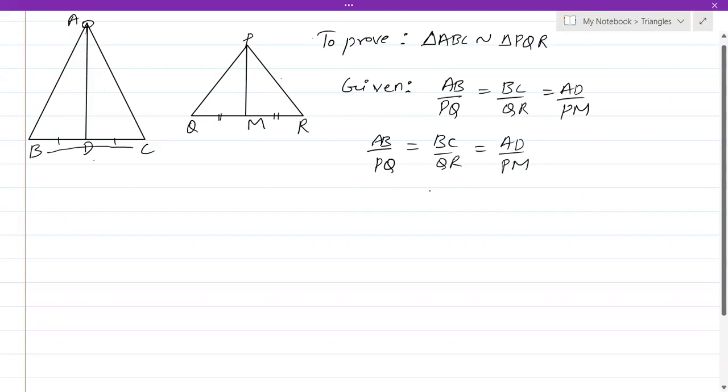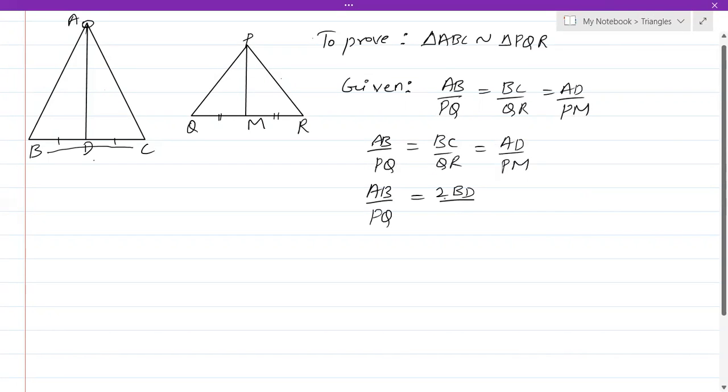Now in the next step, AB by PQ, I can write BC as 2BD, isn't it? Because D is the midpoint. For example, if BC is 10 centimeter, BD will become 5, DC will become 5, isn't it? In a similar manner, BD is simply half of BC. Or in other words, BC is double of BD.